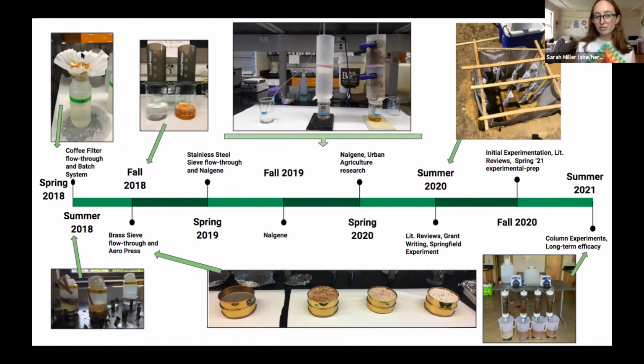We have coffee filters, steel filters, brass filters, and we also have used different types of systems. We have stacked nalgenes, some bags full of mycelium, as well as our column designs with packed mycelium. Many students over the years have contributed their time and hard work towards this project.